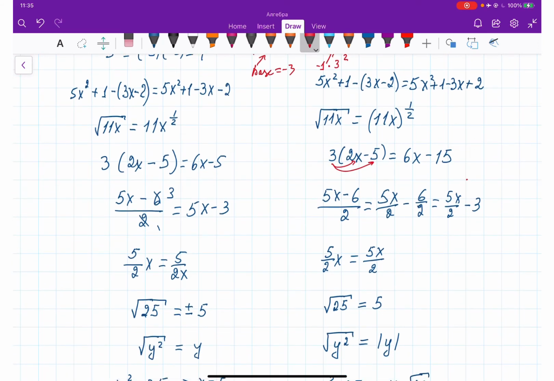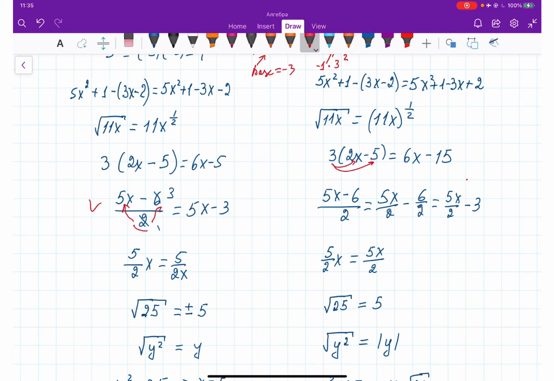The other problem is very, very common. For example, 5x minus 6 over 2. They take this 6, rip it off from 5x minus 6 and reduce it with 2. You cannot do that, because this 2 belongs to 5x and this 2 belongs to this 6.